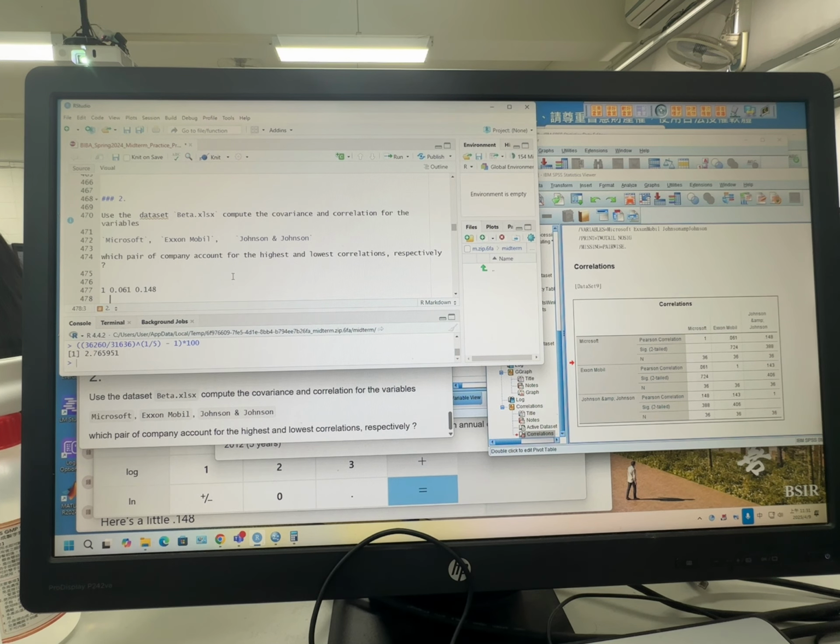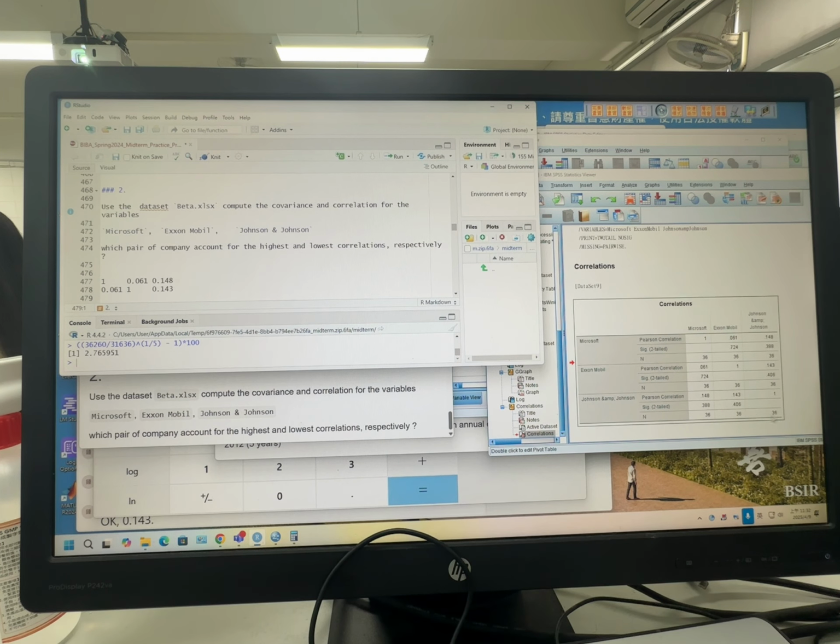Okay. And also 0.061 on the second, and the 1. Alright, no problem. And this one is 0.143. And then finally, this one, it is a Pearson correlation. Just look at the Pearson correlation: 0.148, 0.143, and 1.